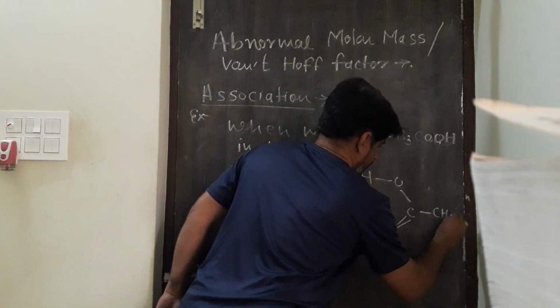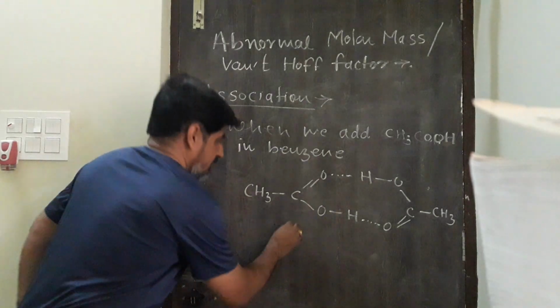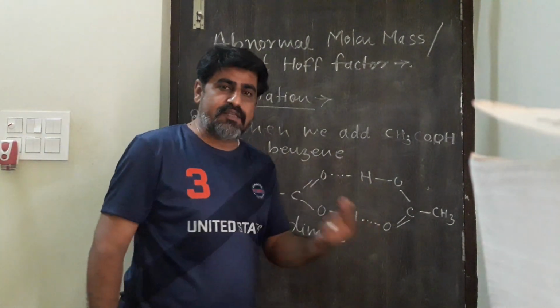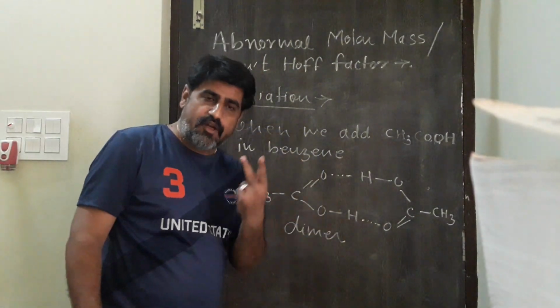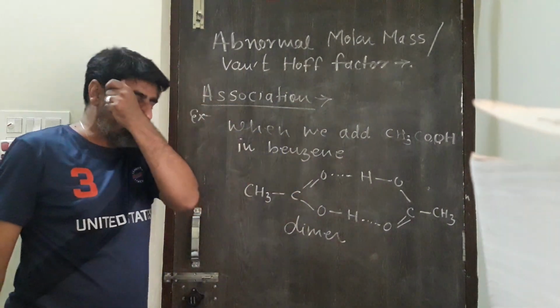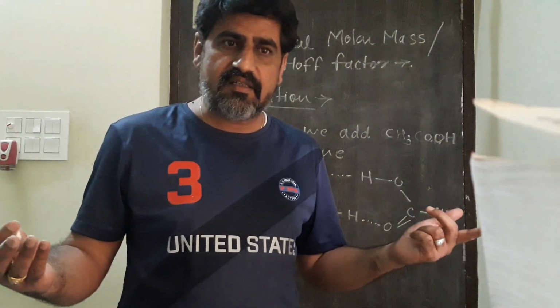It is a dimer of ethanoic acid. We are considering it as one molecule for our calculation, but actually it is two molecules of ethanoic acid. Hence our calculation becomes wrong and molar mass gets increased.